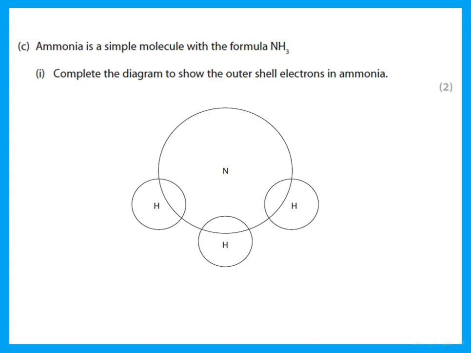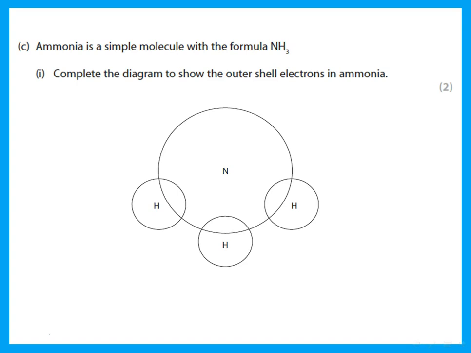Ammonia is a simple molecule with the formula NH3. Complete the diagram to show the outer shell electrons of ammonia. Again, remember that ammonia is made up of 1 nitrogen and 3 hydrogen. This is because if you look at the periodic table, nitrogen is in group 5. It has 5 electrons in its outermost shell. So it needs how many?